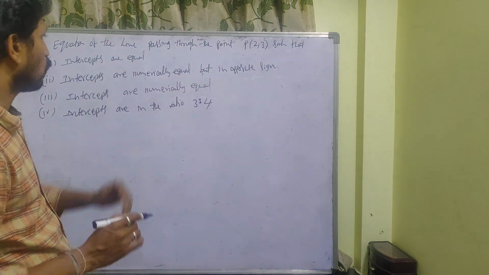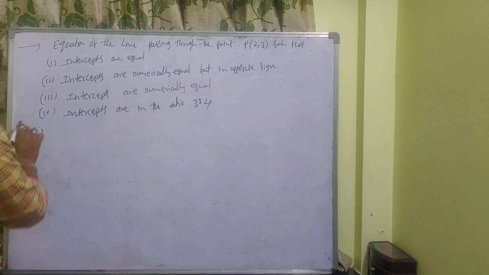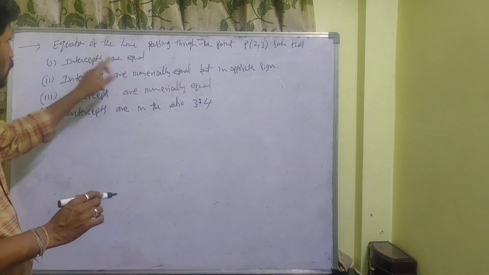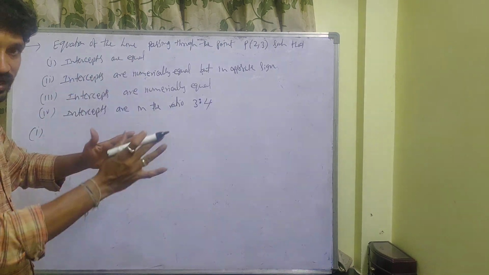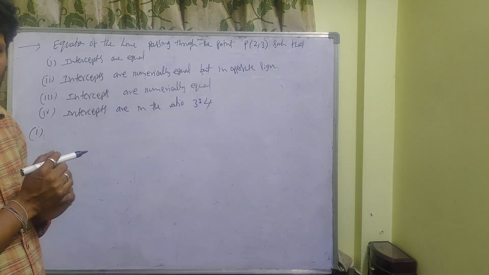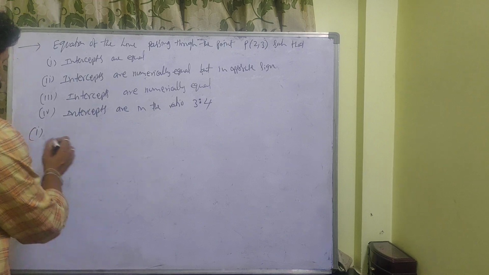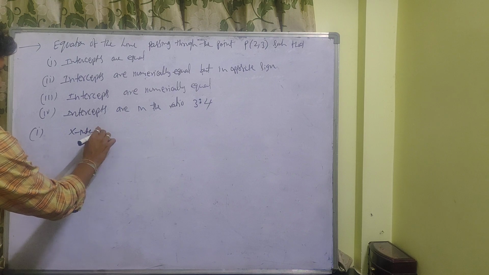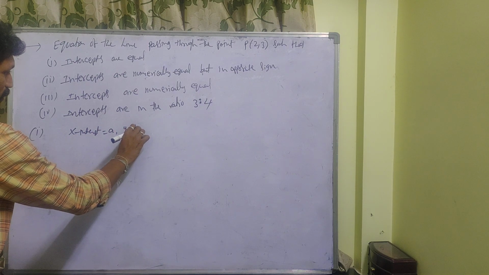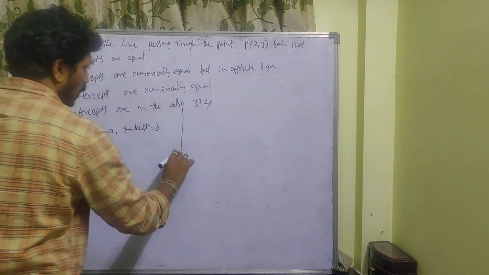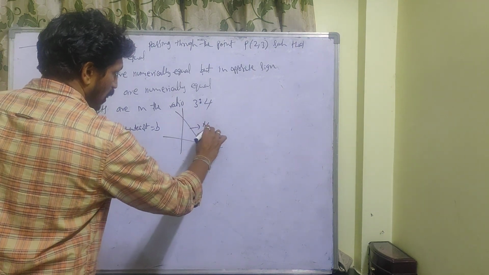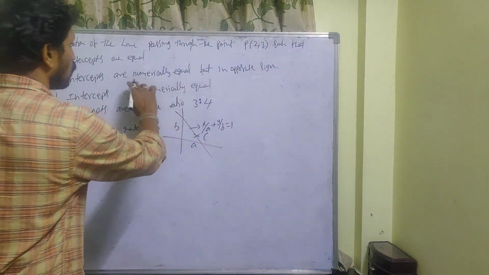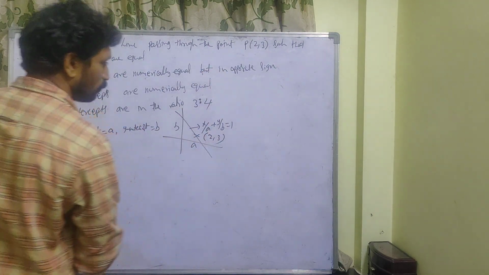Intercepts are equal means the first method. This is the simplest method. See the difference of all these questions. Intercepts are equal means the x-intercept and y-intercept are numerically equal and the signs are also the same. Let us take the x-intercept as A and the y-intercept as B, then the equation is x by A plus y by B is equal to 1, and it passes through the point (2, 3).